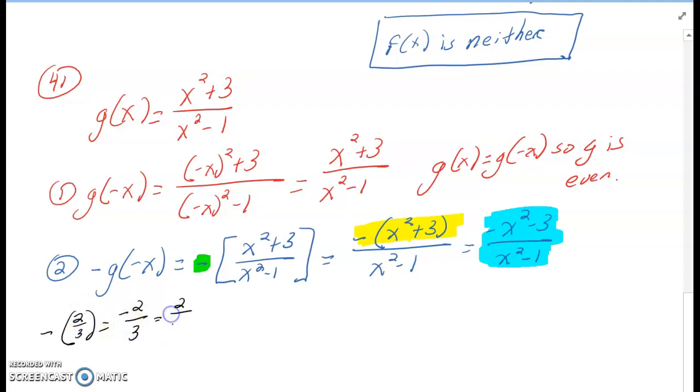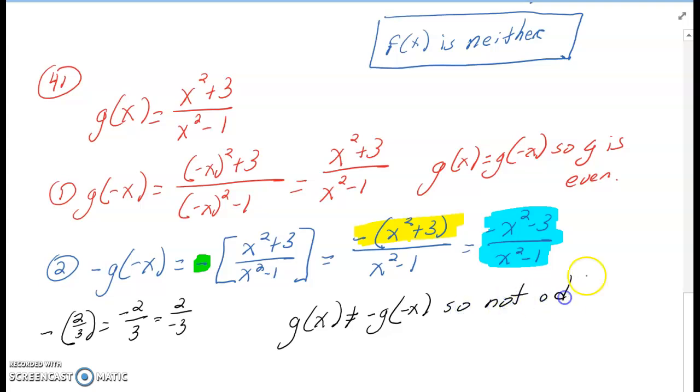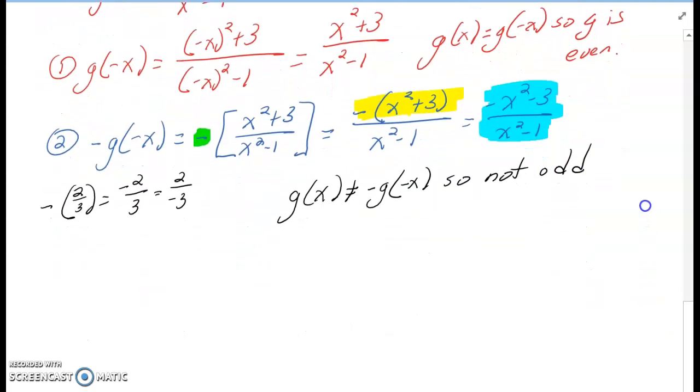You could put the negative in the denominator, but you don't say negative 2 over negative 3, just for clarity. So hopefully you can tell that this function is not odd since these are not equal. g of x is not equal to the opposite of g of negative x. So not odd.